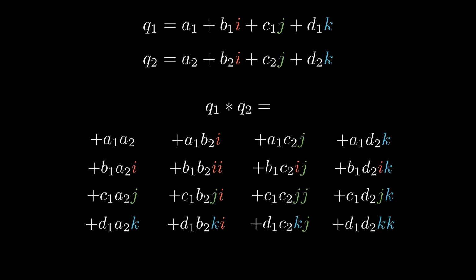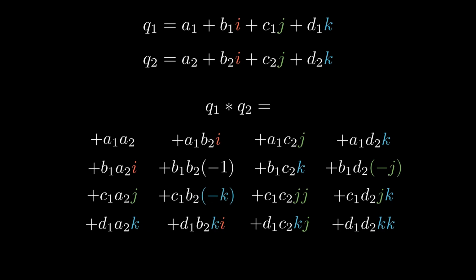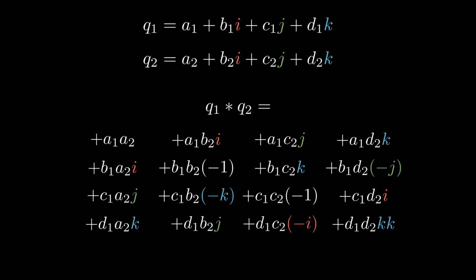Now, wherever there is a pair of units together, you can apply the unit multiplication identities. And now simply move the minus signs to the start of the terms and remove the brackets.